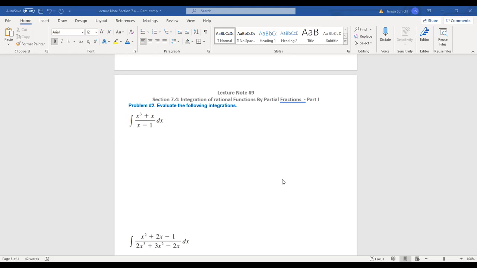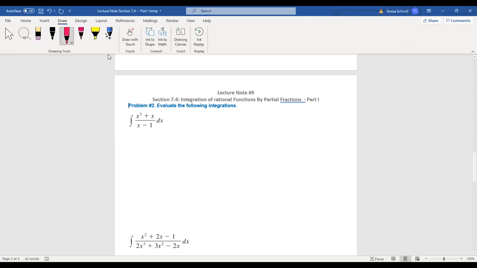Let's take a look at the first problem. The top is x cubed plus x, and the bottom is x minus 1.